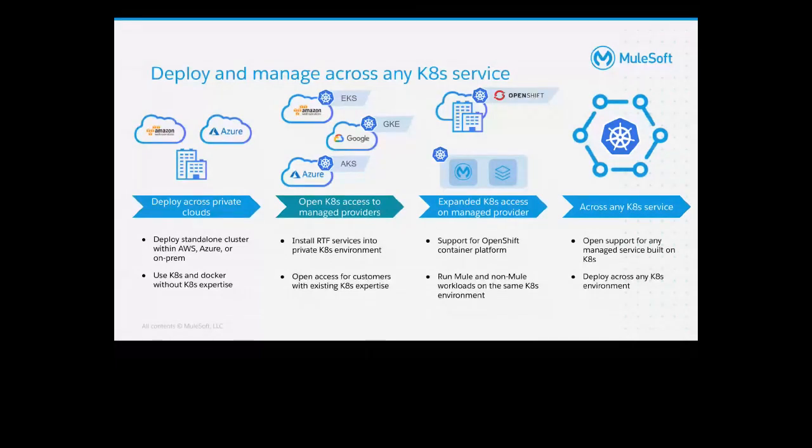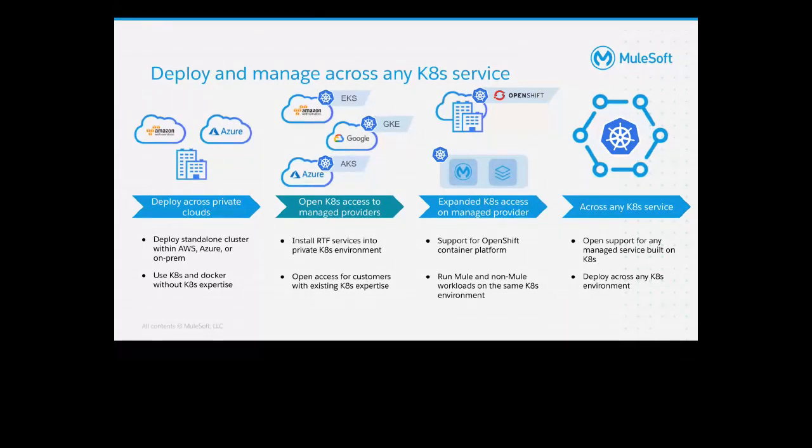And this allows you to use your existing Kubernetes expertise of the platform of your choice. You don't have to learn Gravitational, and you can continue using the people that have built your Kubernetes expertise in your organization. The next step is the addition of OpenShift.